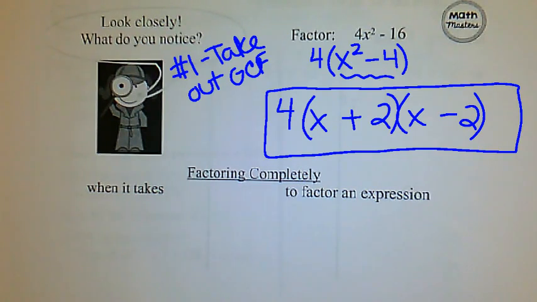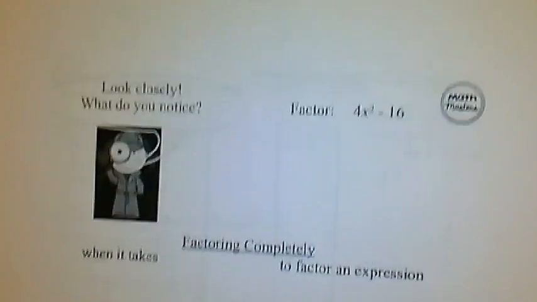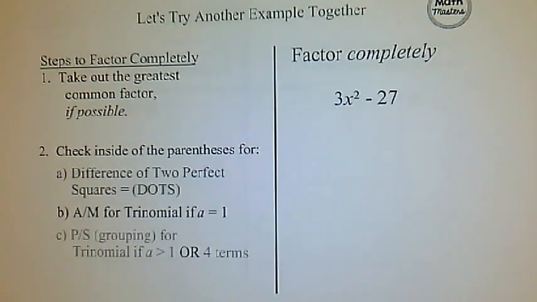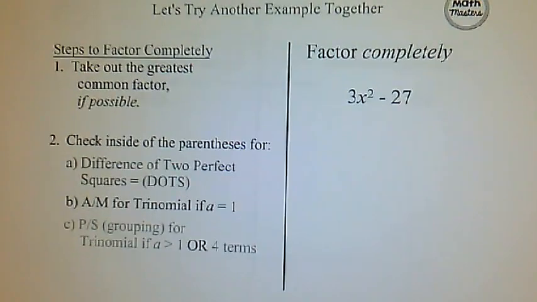So when we are factoring completely, this means that it takes more than one step to factor an expression. As you're going through all of these, I'm hoping you're noticing you're going to be doing more than one step.